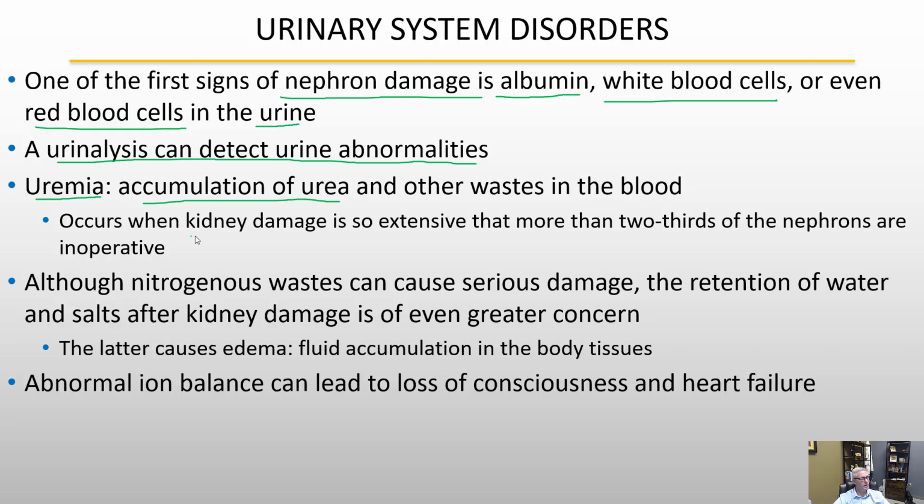And that occurs when the kidney damage is so extensive that more than 2/3 of the nephrons are inoperative. So your kidneys can actually take a pretty good hit before you start to see signs and symptoms of damage.